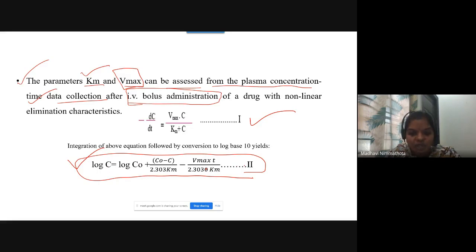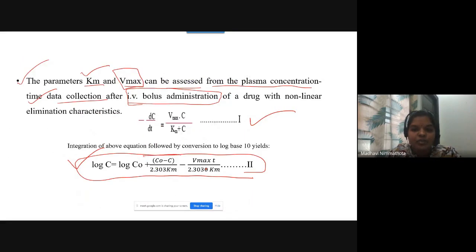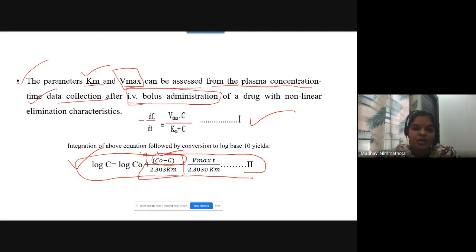From this equation 2 we get equation 3, where we don't have the term C0 minus C. Why? Because here the C0 minus C values are normal, but here we take the log values, so you can neglect this whole term.